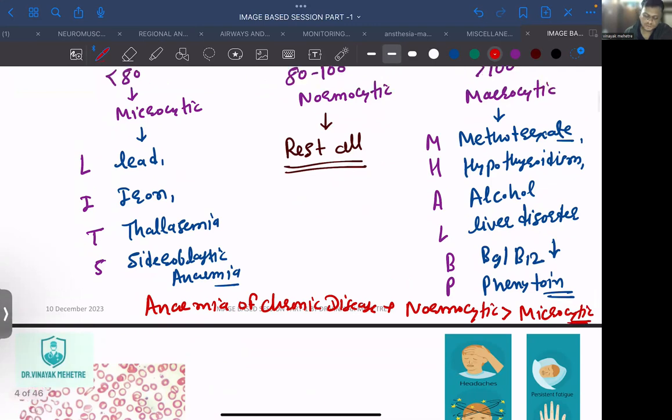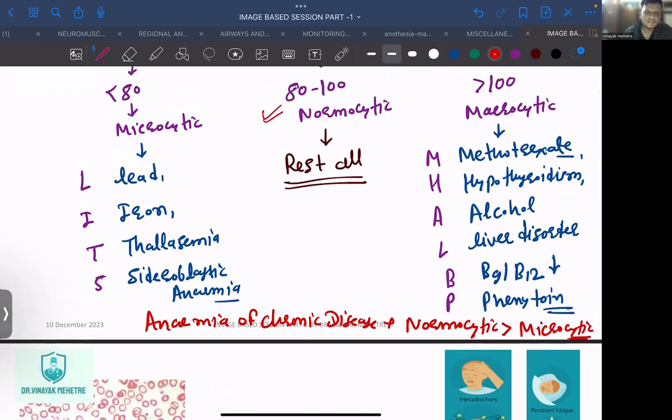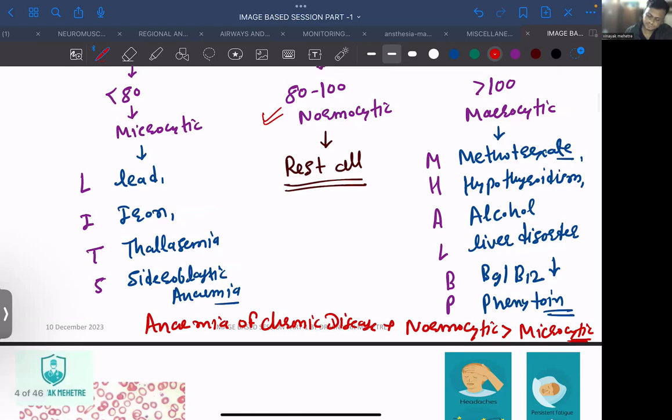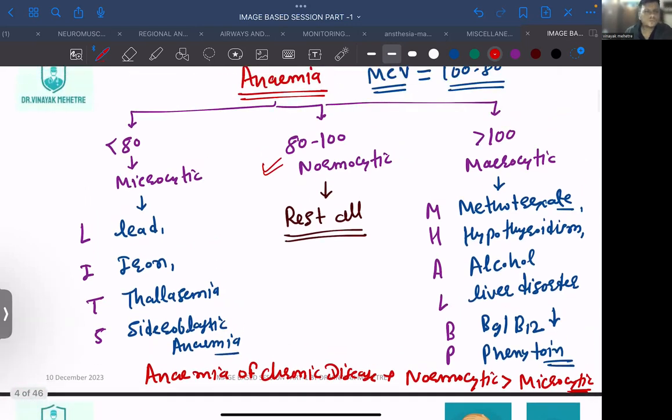So you have to choose this as an answer. Understood? One question comes from this table itself, an important table in hemat, so you should know it.